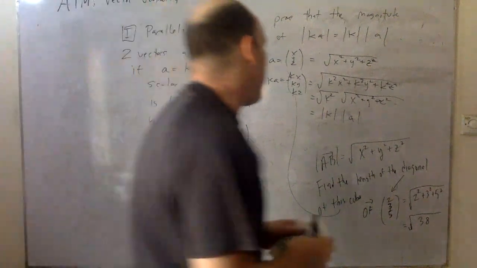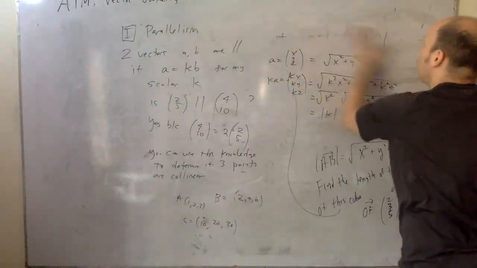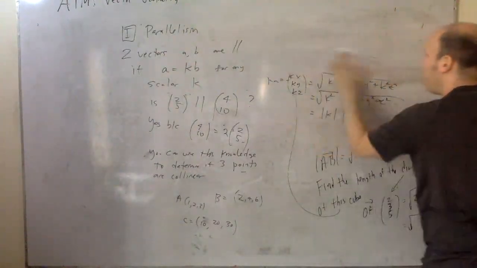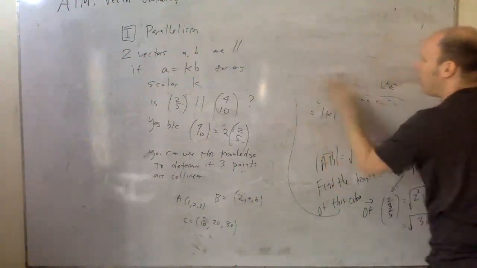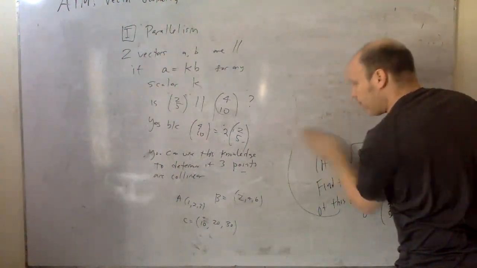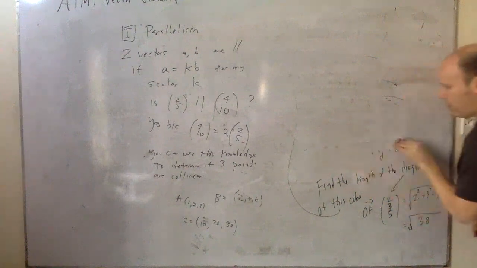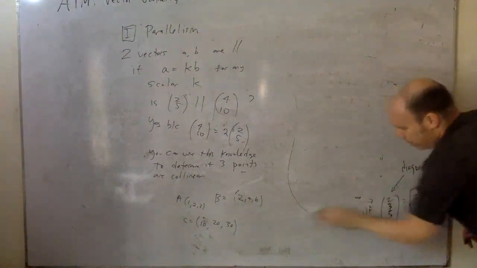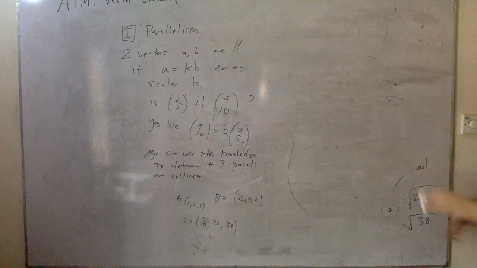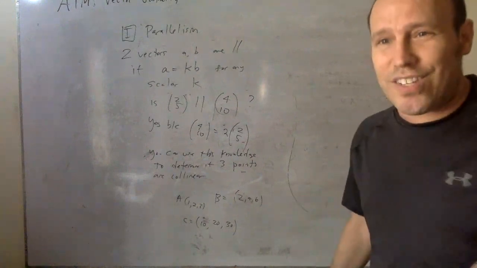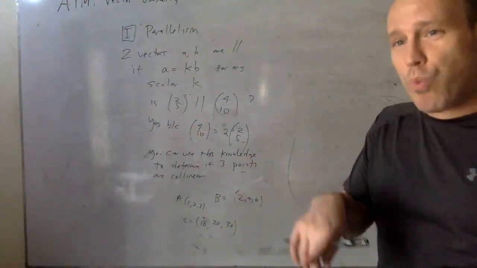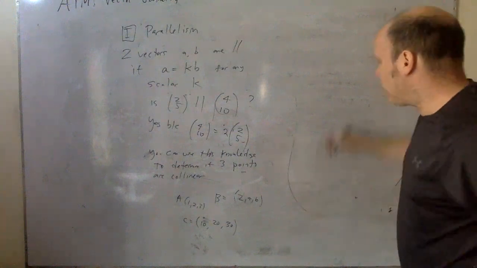And if you recall from your geometry, maybe not, what you would do is you would first find vector AB, and then you would find vector BC. So now we have all these points in 3 space. You can actually plot this in GeoGebra, and you can actually take a look.